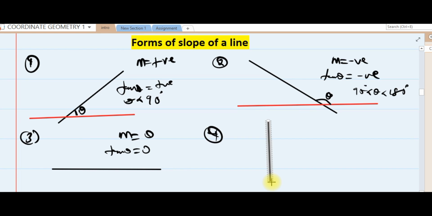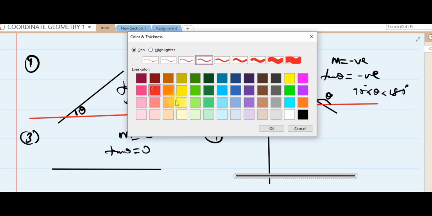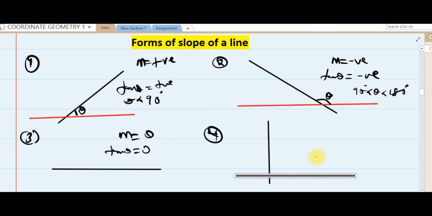For a vertical line, the slope is undefined or infinite, because if this is our x-axis, you notice that the angle is 90, so tan 90 is undefined or infinite.